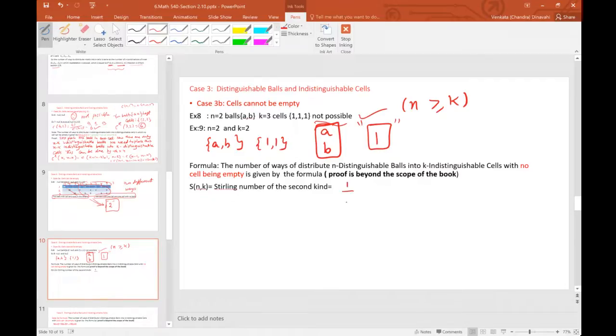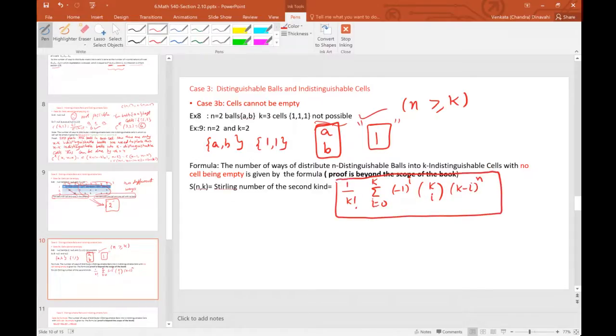The formula is going to be this: 1 over k factorial, summation where i goes from 0 to k, negative 1 to the i, k choose i, k minus i to the power n. This ugly looking thing is the formula.